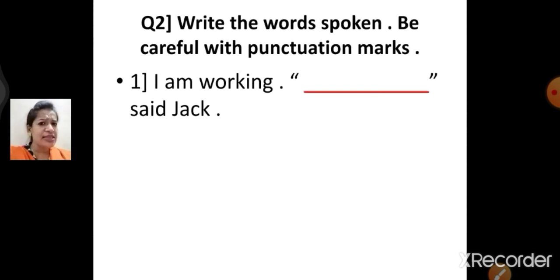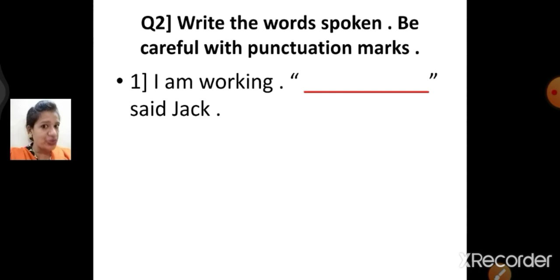Now here is another exercise. What you have to do is write the words spoken. Now children, what are the spoken words? This exercise is going to tell you to use the contraction form of the word. Now children, what is the contraction form of a word? We have to replace the missing letter with an apostrophe.